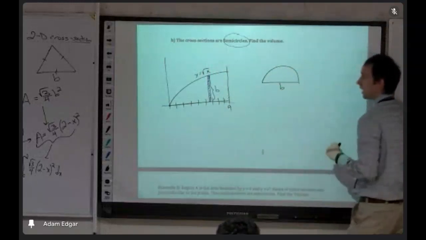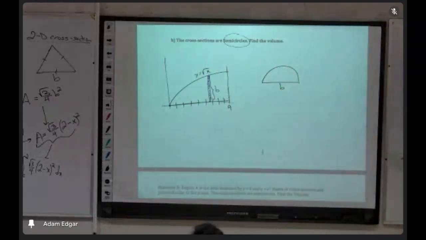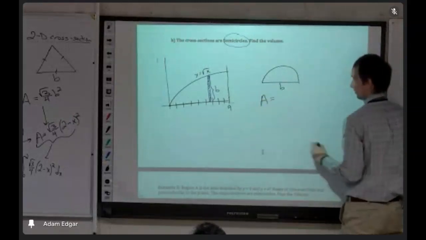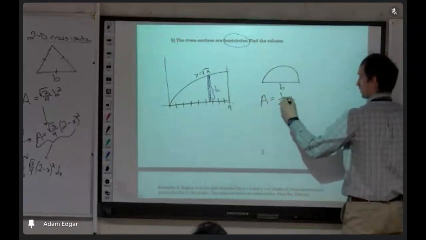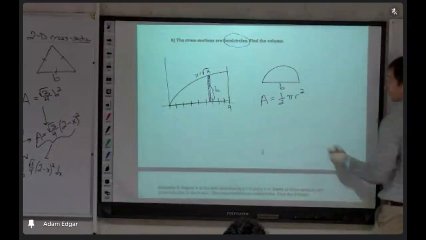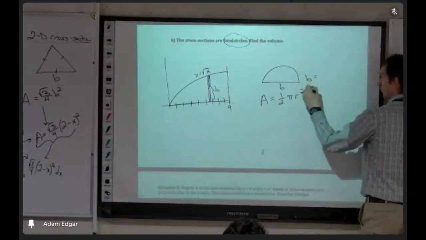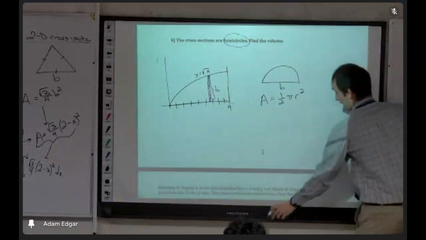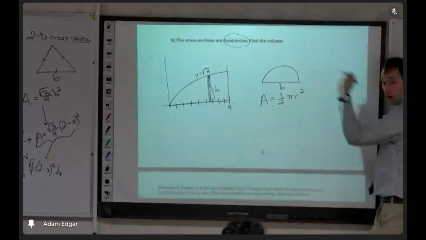And now you got to be a little bit more careful with a semicircle. What's the area formula for a semicircle? 1/2 pi r squared. Now you got to think about this for a second. What is r in terms of b? Yeah, so the temptation is just to say, okay, plug b in for r and I'm good, 1/2 pi b squared.